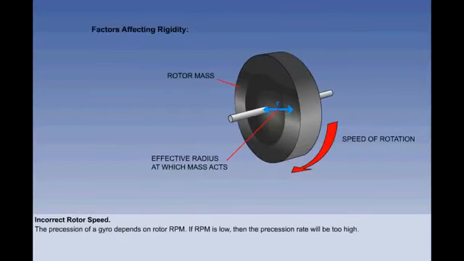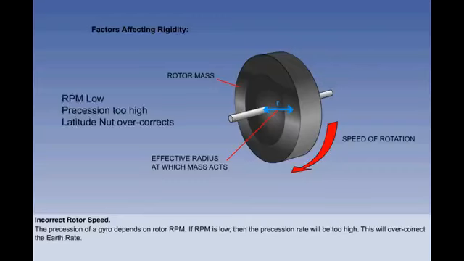The latitude nut causes precession of the gyro to compensate for earth rate. But the precession of a gyro depends on rotor RPM. Unfortunately, the control of rotor RPM in the DGI is only approximate. For instance, at high altitude, with an adequate suction, the rotor RPM will be lower than the design value.